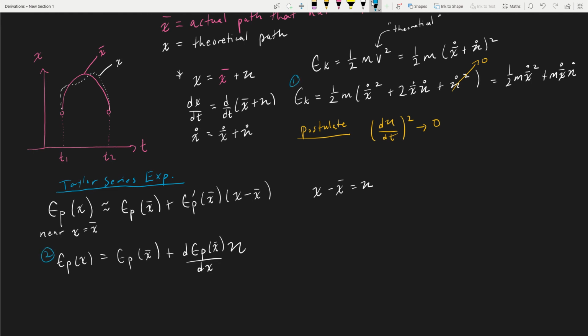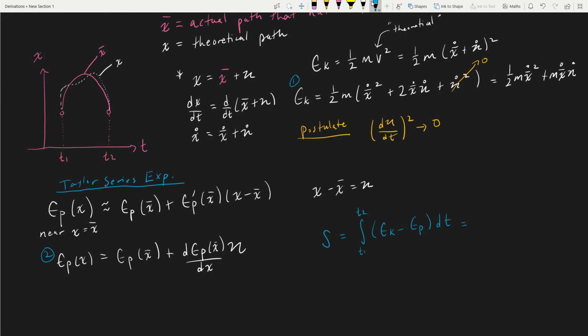Well, let's get back to our principle of least action. The principle of least action states that S is going to be equal to the integration from T1 to T2 of the kinetic energy minus the potential energy, dt.